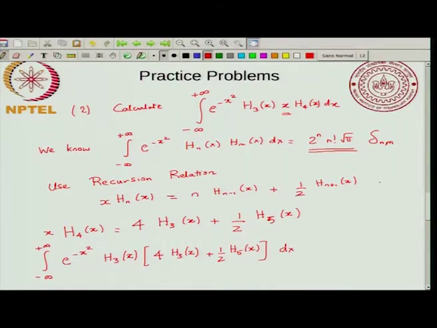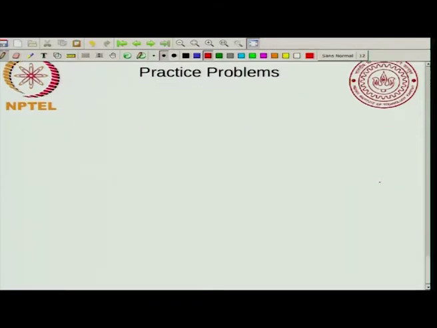What is important about this problem is the following: when you want to do selection rules for spectral transitions between states V and V prime, you are going from a vibrational state V to a vibrational state V prime.